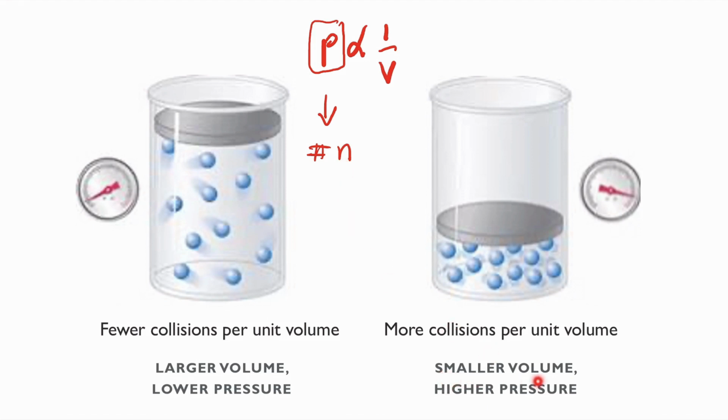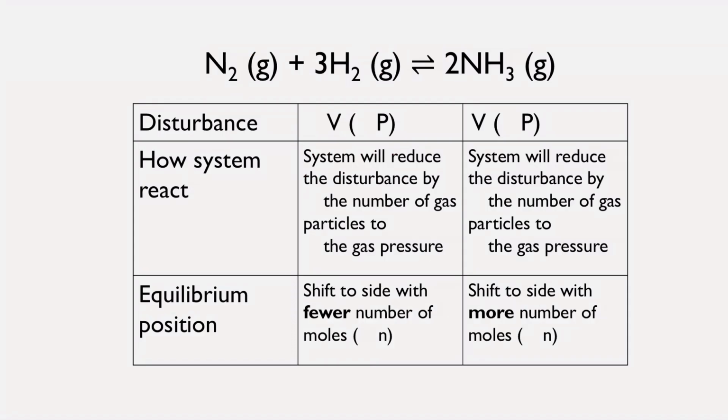So if smaller volume, then you will have higher pressure because there is a higher collision frequency between your molecules. Okay? Right. So let's say if we have this reaction here, what will happen if we reduce the volume of your container? Okay, if we reduce the volume of the container, that means the pressure of your gases will increase.